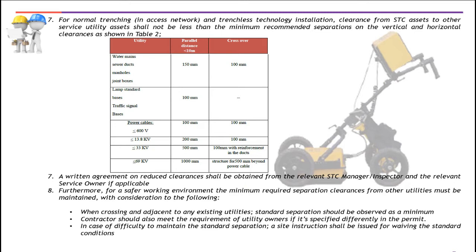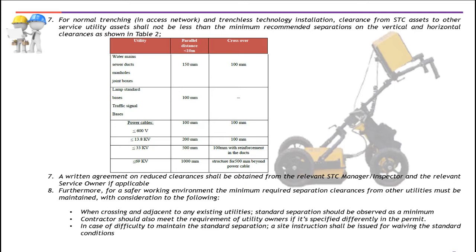A written agreement on reduced clearances shall be obtained from the relevant STC manager or inspector and the relevant service owner if applicable. Furthermore, for a safer working environment, the minimum required separation clearances from other utilities must be maintained.